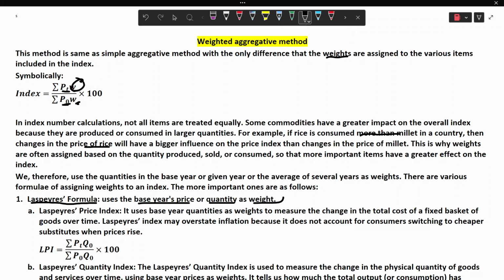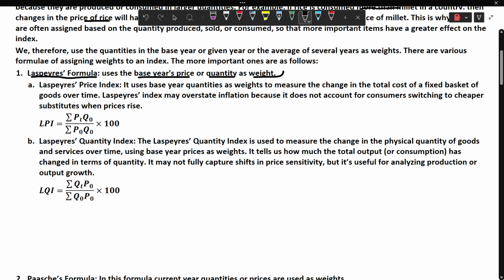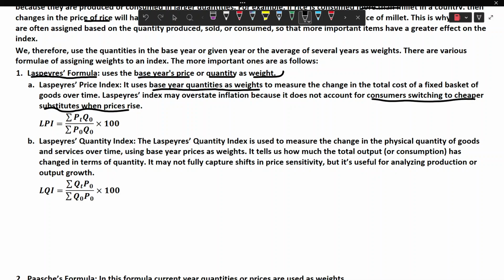Now let's take them one after the other. The Laspeyres price index uses base year quantities as weight to measure the change in the total cost of a fixed basket of goods over time. The Laspeyres index may overstate inflation because it does not account for consumers switching to cheaper substitutes when prices rise.